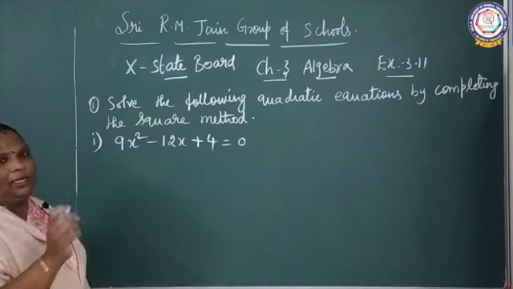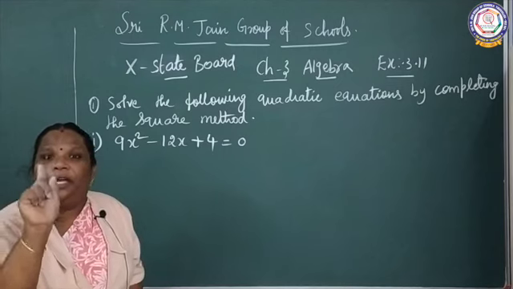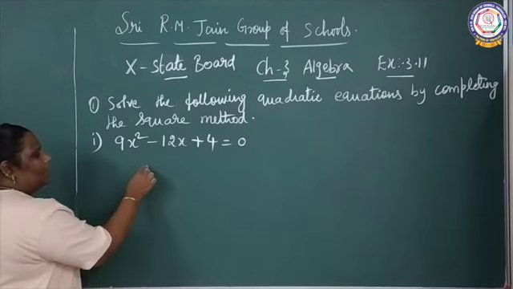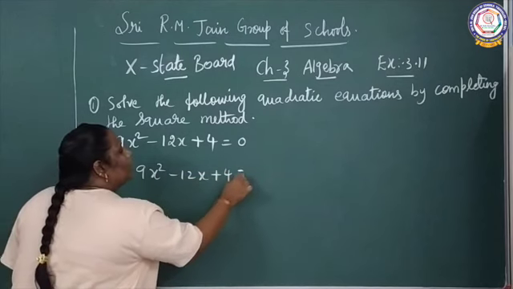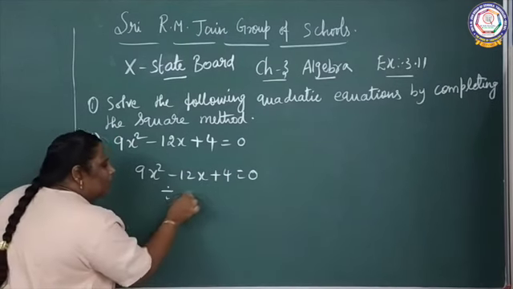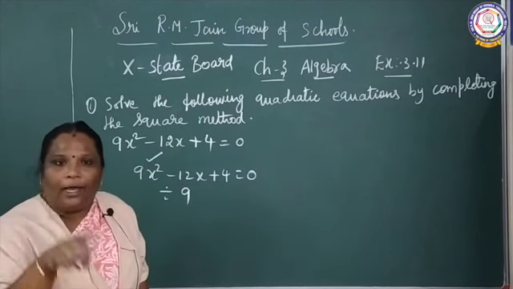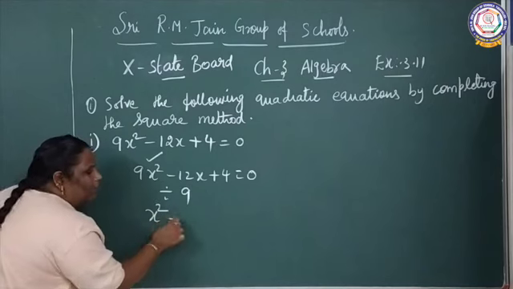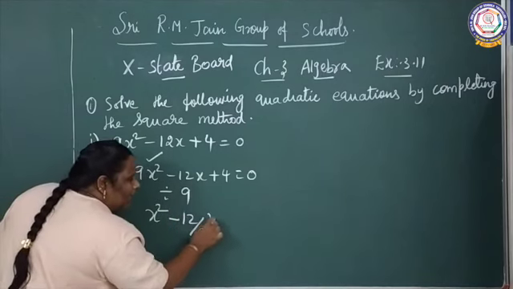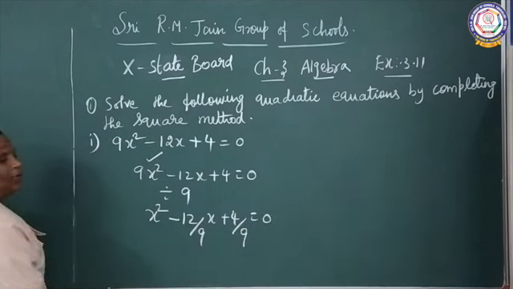By the completing square method, there should be no coefficient in x square. See here, 9x square minus 12x plus 4 equal to 0, divided by 9, because the coefficient of x square is 9. So, x square minus 12 by 9x plus 4 by 9 equal to 0.